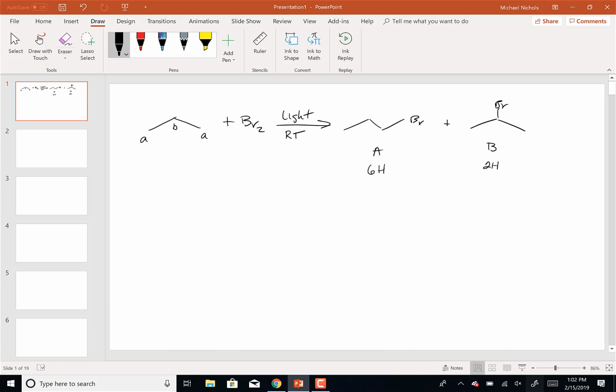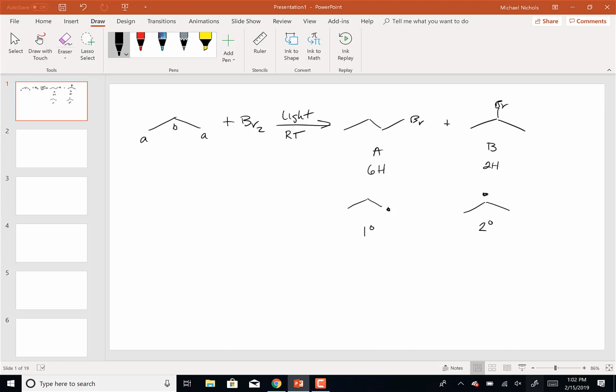So we could make one argument that the major product of this reaction might be A because there's more hydrogens that can be substituted for. On the other hand, product A comes from a primary radical, and product B comes from a secondary radical.